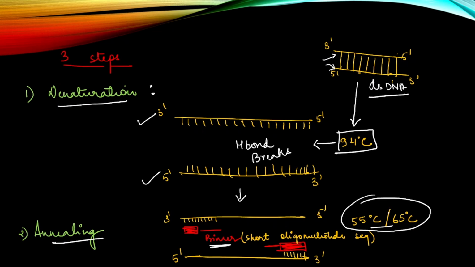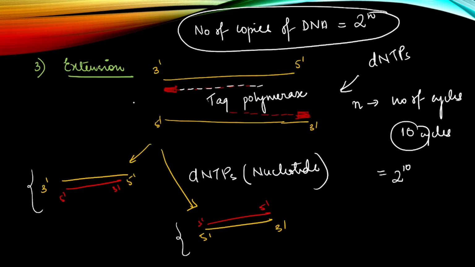A primer, a short oligonucleotide sequence, will go and form base pairs with the 3' hydroxyl end. Then comes extension. Extension means the primer will extend the strand by forming complementary base pairs with the existing strand.